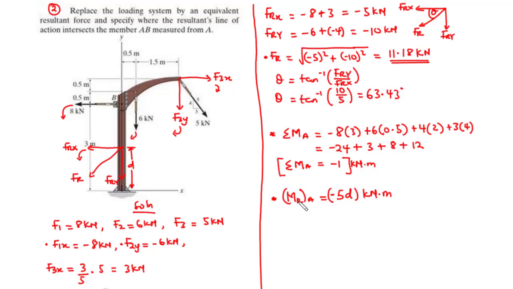Now we are going to equate these two. So we have MR of A equals summation of MA. So that's equal to negative 5D equals negative 1. We divide through by negative 5 by negative 5, and then we have D to be equal to 0.2. So that is 0.2 meters.